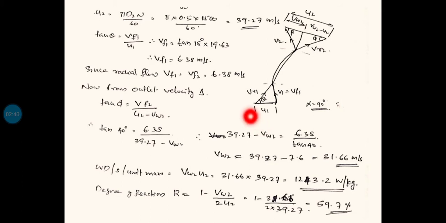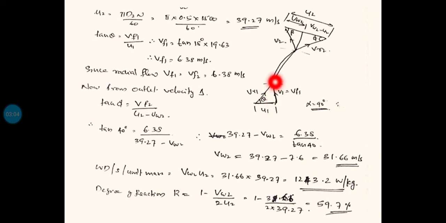Now we have to draw the velocity triangle. Remember, the velocity triangle is the same as that of the centrifugal pump. The inlet is radial, so we will have a right-angled triangle as the inlet velocity triangle, and V1 will be perpendicular to the tangent at the inlet. This dotted line is the tangent at the inlet, and V1 is perpendicular to it. That is the meaning of radial inlet.